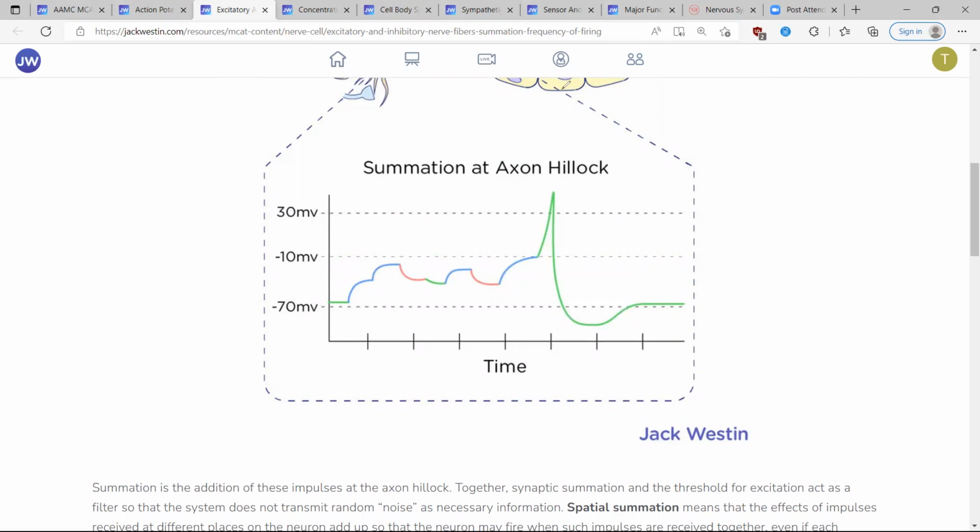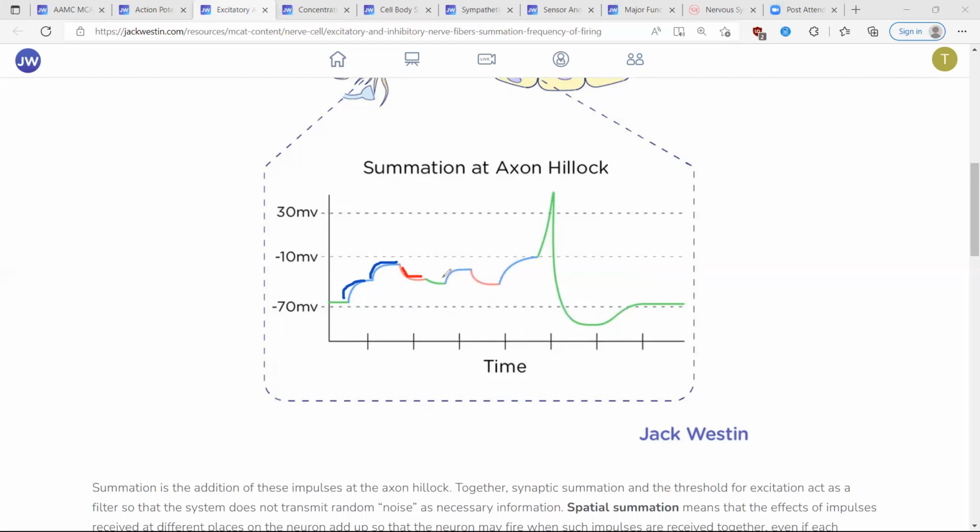Here you can see it got one excitatory signal, then it got two excitatory signals. But then it got an inhibitory signal, and when it got that inhibitory signal, it was prevented from reaching threshold and prevented from doing an action potential. It's kind of a tug of war.